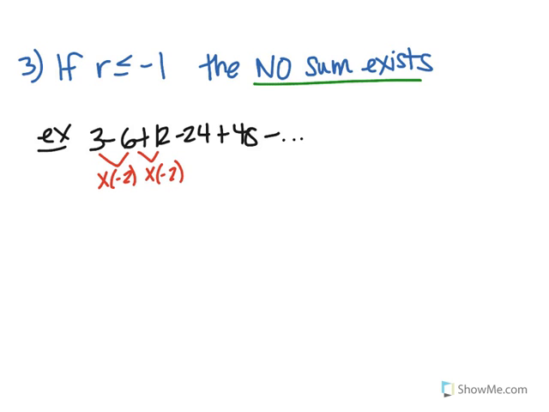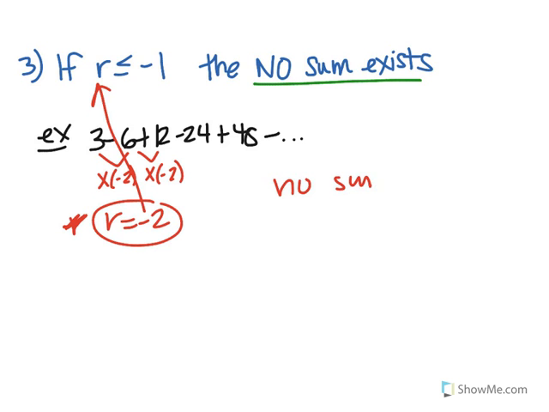Since r is equal to negative 2, and negative 2 is less than or equal to negative 1, this means no sum exists. And I'm going to show you why. I'm going to start by adding the first two, the 3 minus the 6, so these two.